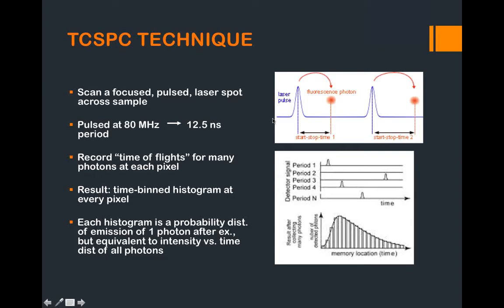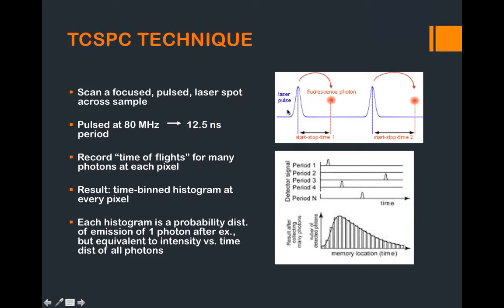Because they're 80 megahertz, they're separated by 12.5 nanoseconds. So if we start our clock after the excitation, so we know exactly when we excite our sample, we can then start a time clock to when the photon from the emission comes and hits on our detector.